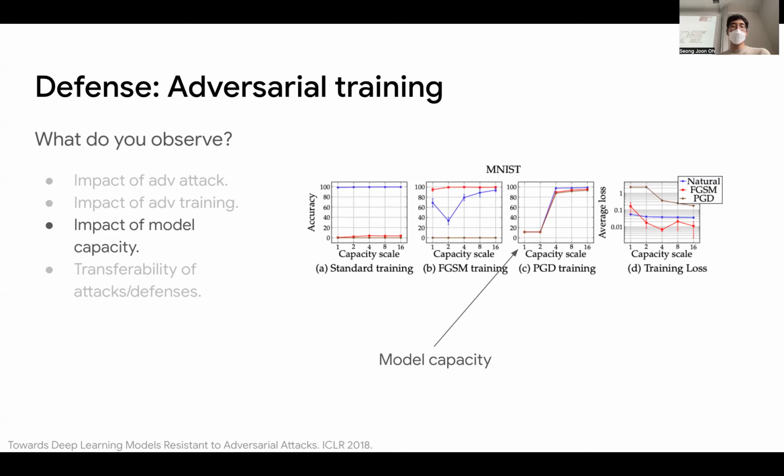I think this is a general lesson that people learn from a lot of different versions of adversarial training results: for adversarial training, you really need a high capacity model, right? That also means you need to be able to take care of much more complexity in your data distribution when you train with strong attacks, because there is probably much more complexity in your decision boundary.